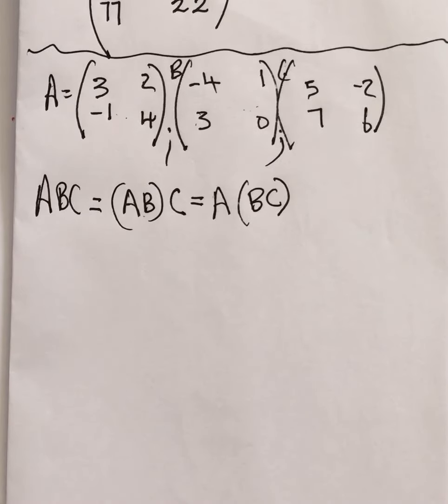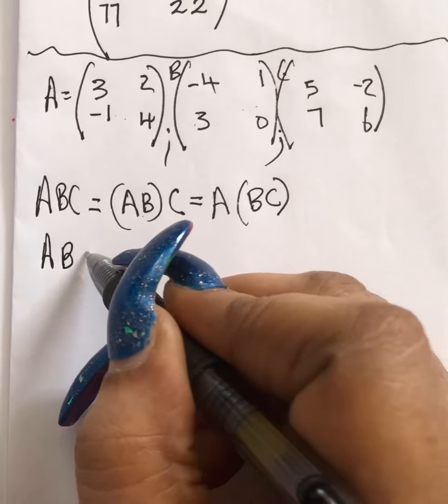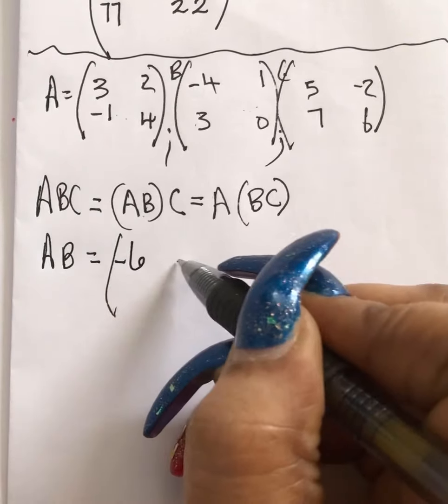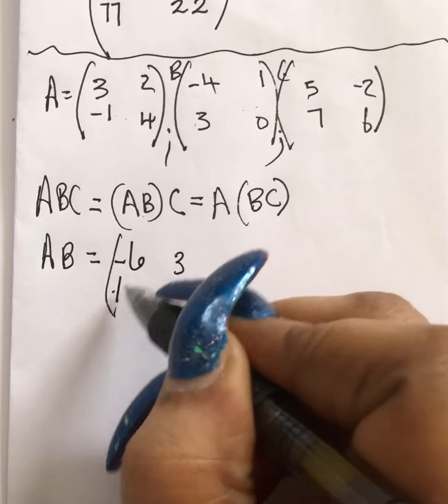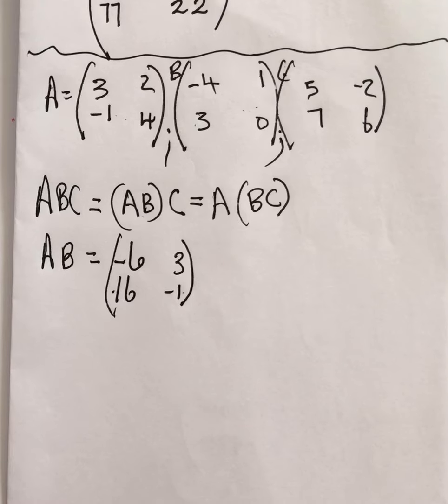In the previous video, I would have shared with you the solution to AB. And that solution was -6, 3, 16, and -1. So I already have my AB.